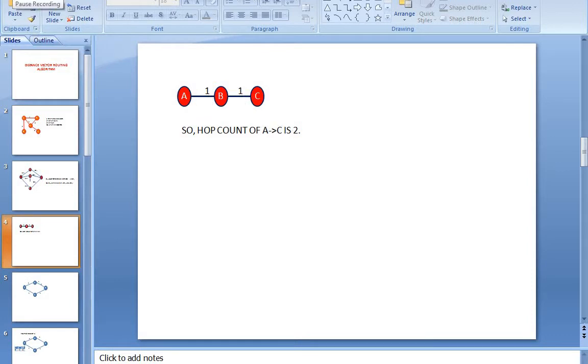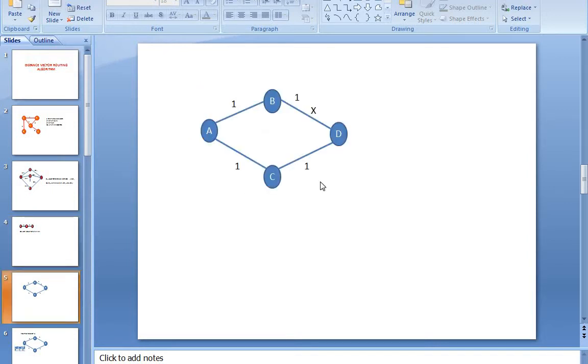In distance vector routing algorithm, each router maintains a routing table, and each router needs to update the routing table asynchronously. When it receives information from its neighbors, at that time it updates the routing table. After updating the routing table, the result is sent to all the neighbors. In this diagram, you can see that we have 4 nodes.